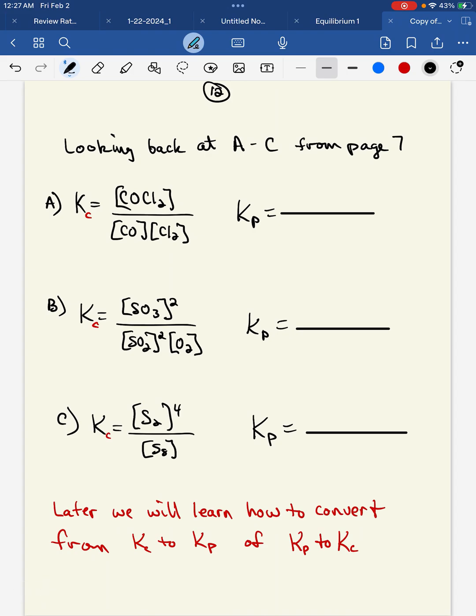So if we went back to those first 3 examples on page 7 of this packet, which you don't have a copy of, and we wanted to make them KPs, we will just change the concentrations into pressures.